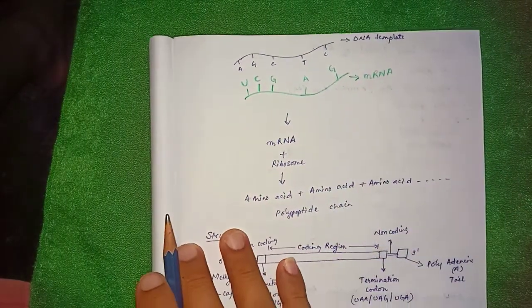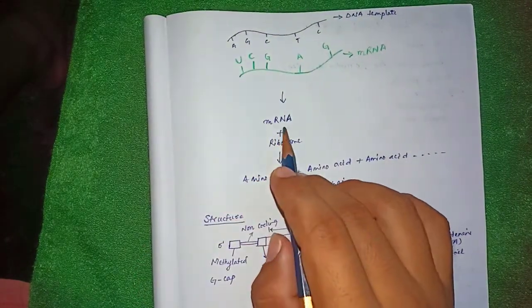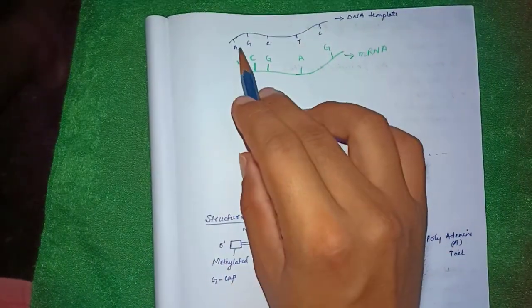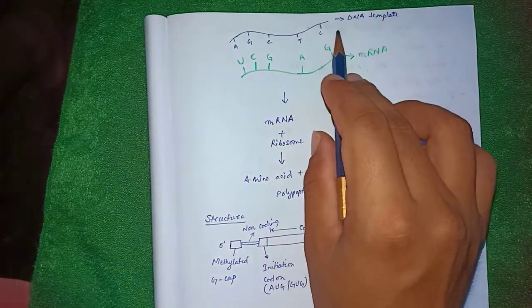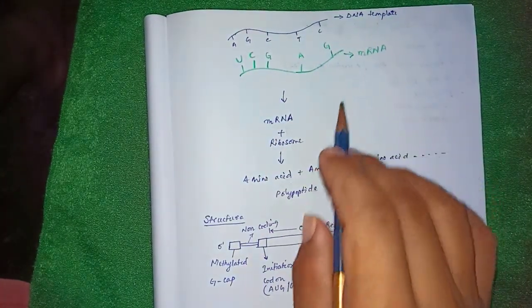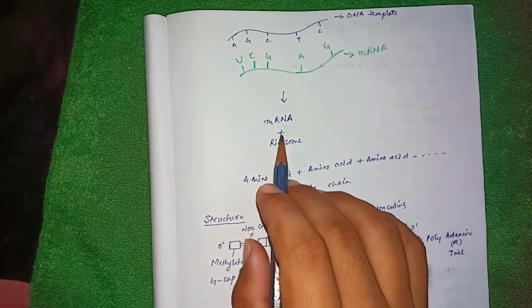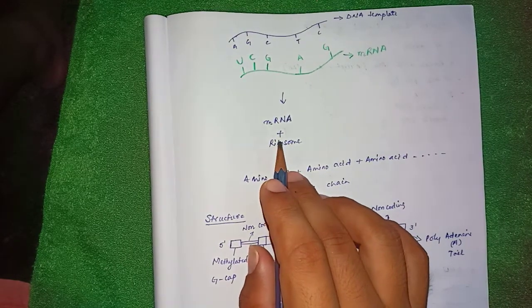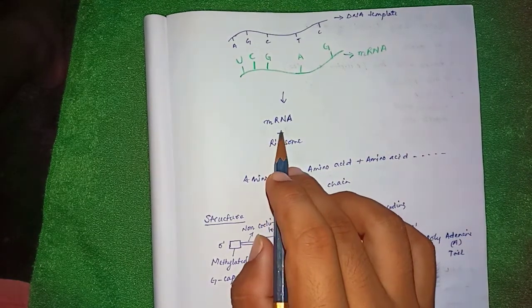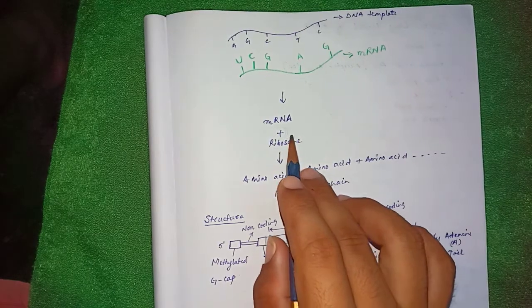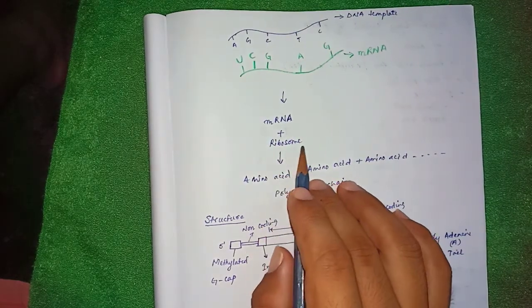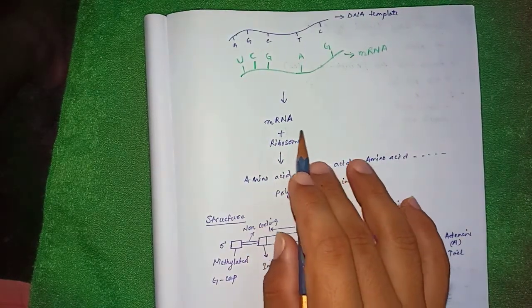Once the genetic information in this DNA template is copied by the mRNA, the mRNA will come out into the cytoplasm from the nucleus, where it will get attached to the ribosomes. Ribosomes is a cell organelle which is carrying out the process of photosynthesis.